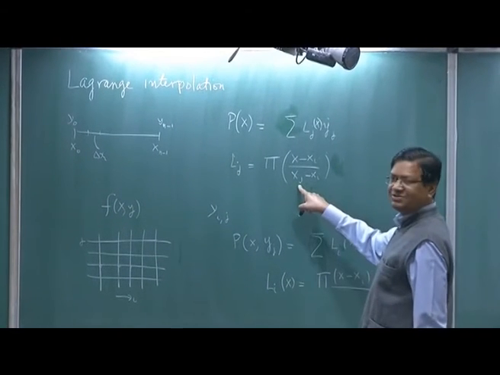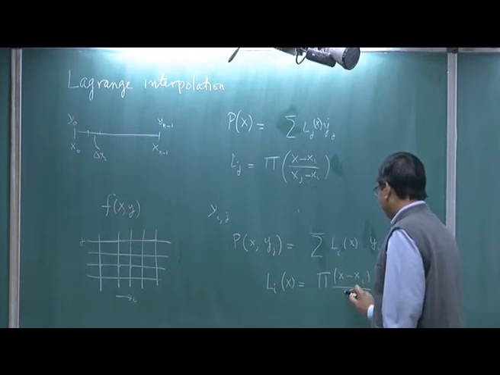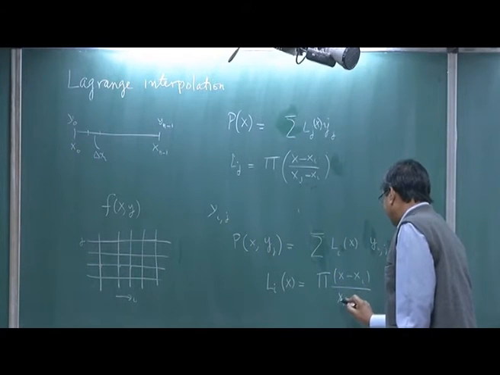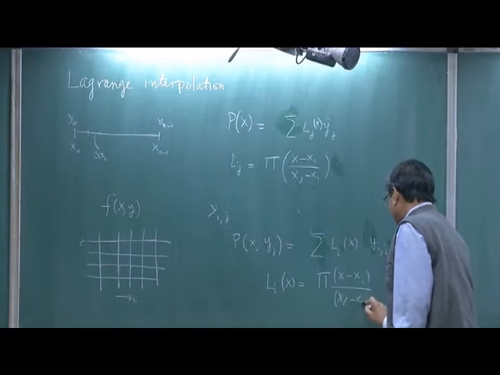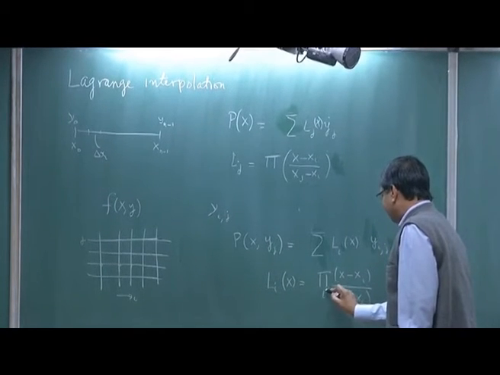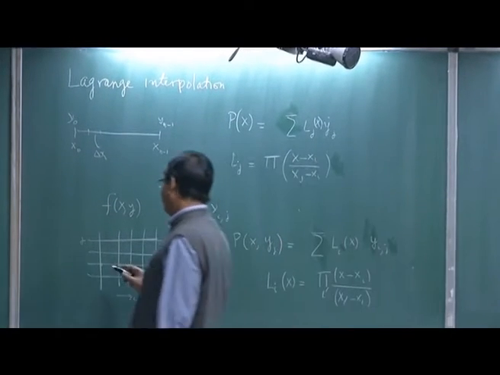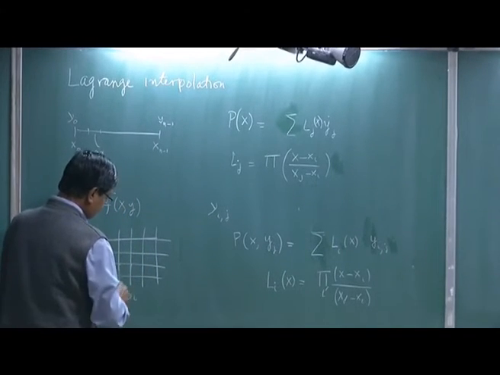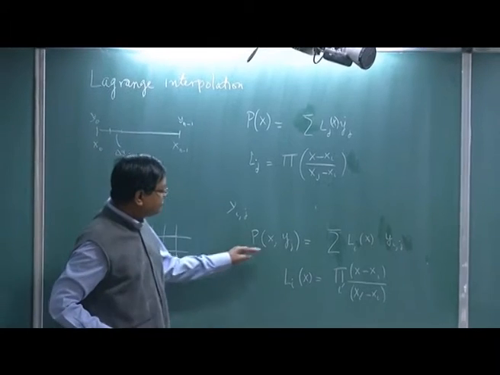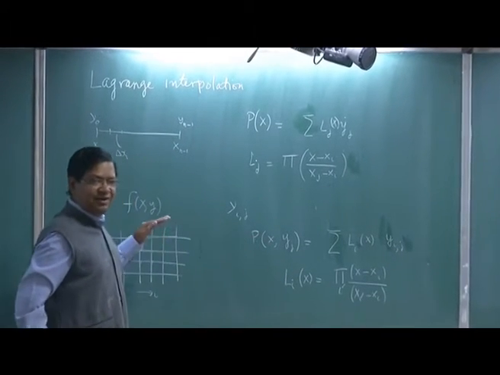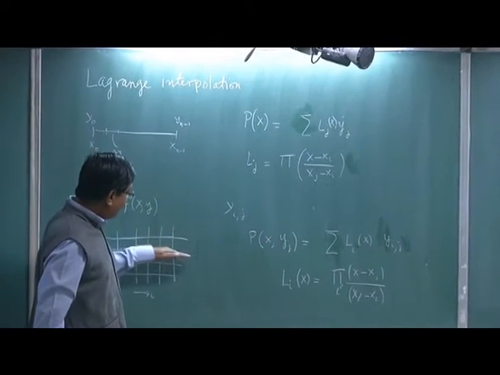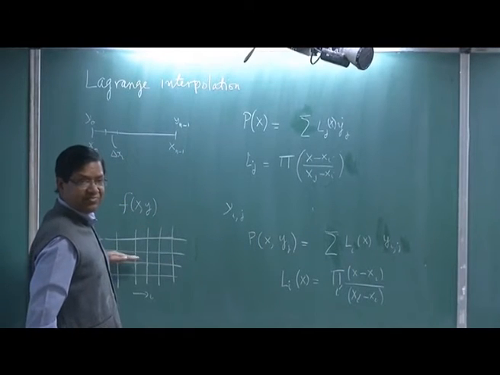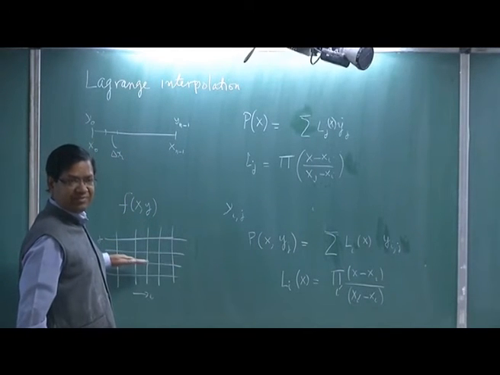I do not use j because j is for the y coordinate. So x i prime minus x i prime. I prime is the running index in that direction. Okay. So this is going to give me interpolated values on a given horizontal line.